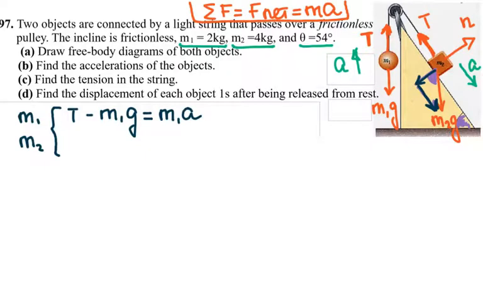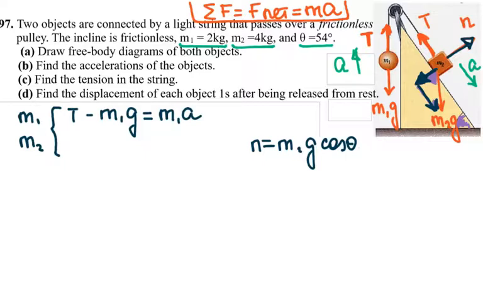So for the second mass, the normal force minus m2g cosine theta is equal to 0 because there are no forces acting vertically on the mass. So those two forces cancel each other. Or in other words, I can say that the normal force is equal to m2g cosine.